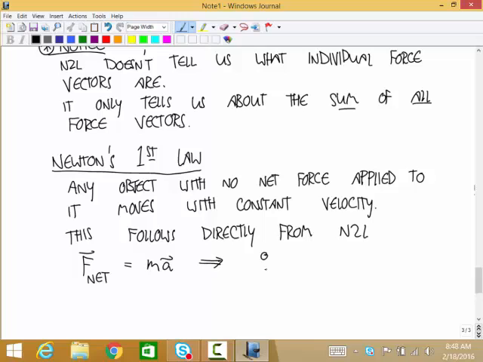If you don't have any net force acting, you can't have any acceleration. So the thing has to move with a constant velocity. And so mathematically, Newton's first law is a result of Newton's second law.